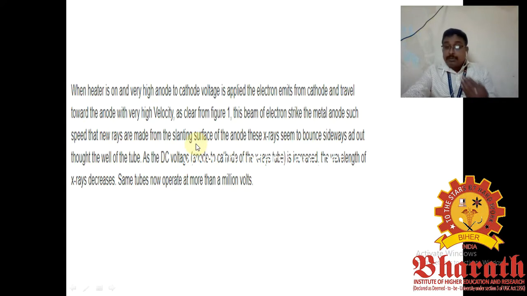The material also plays an important role, right. So, this makes X-rays seem to bounce sideways, right, through the wall of the outside of the tube, right. So, as the anode to cathode voltage of the X-ray tube is increased, right, the wavelength of the X-ray decreases. The same tube can now operate at more than millivolts also.